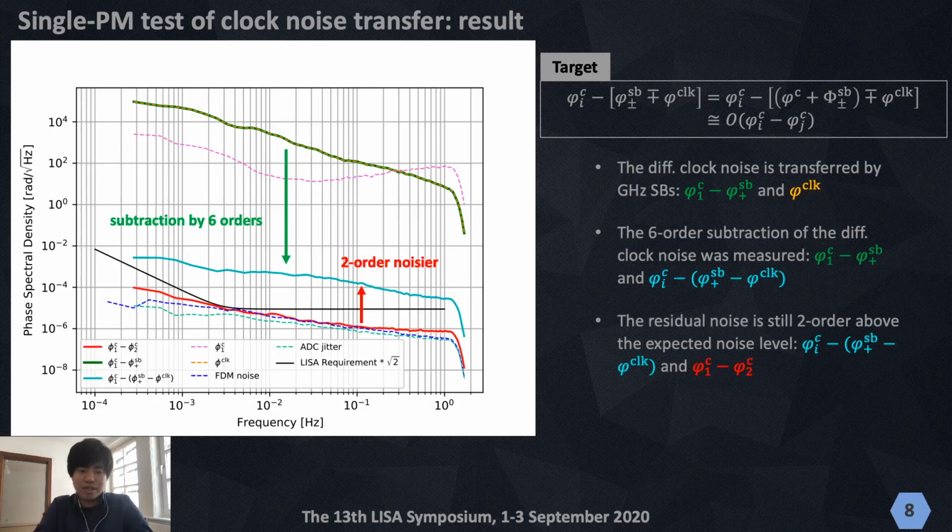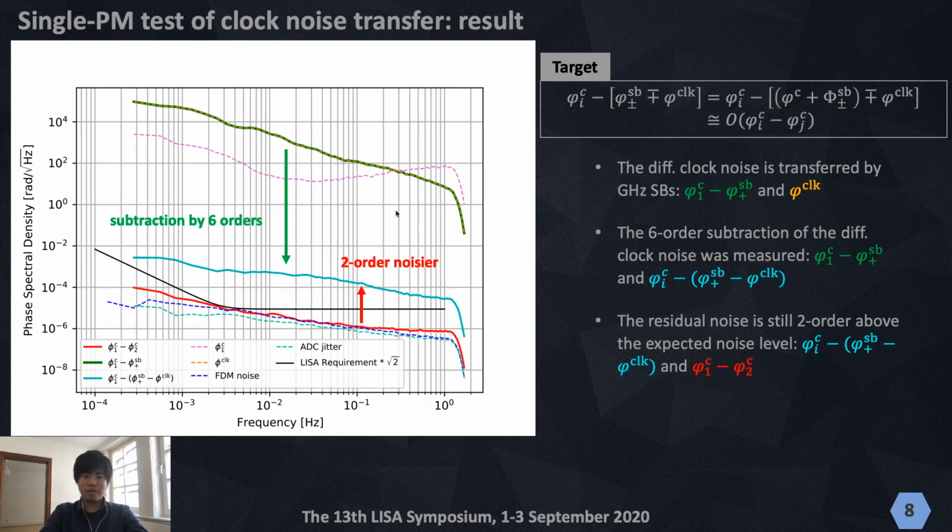So here is the result. There are several results which are remarkable. But first, I want to stress that differential clock noise could be transferred by the gigahertz sideband more or less, which was shown by green and yellow. Green is the signal combination before the subtraction of the reference for the differential clock noise.